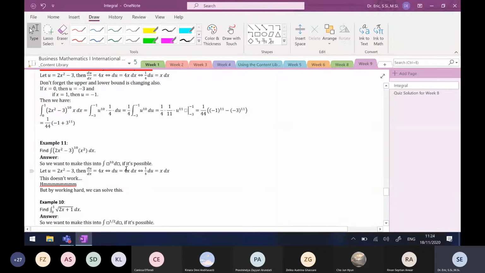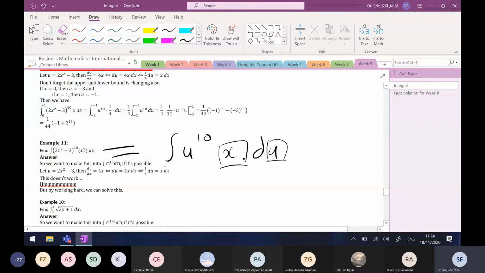Then du dx should be 4x, so 1 over 4 du equals x dx. But you have x squared, so this is not possible. If you want to force this, you will end up with the integral of u to the power of 10, x times x dx becoming du. So you have two variables, x and u, so it doesn't work.